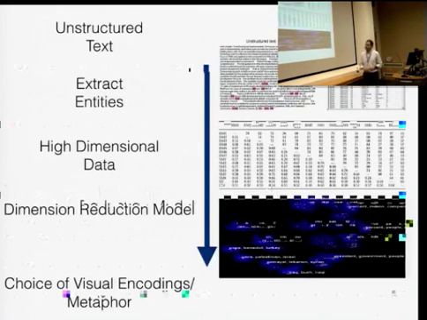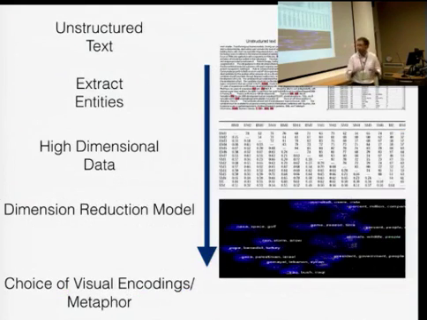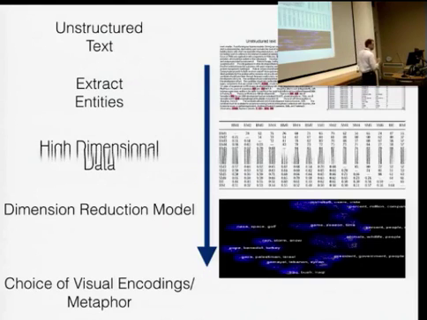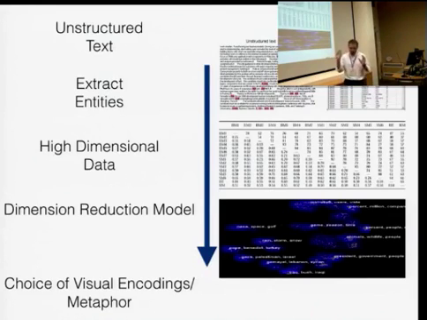Here's another way to look at that. Right? You have your unstructured text at the top, just think raw .txt files. You go through entity extraction or feature selection to pick words that you want to pull out of that document. You map all of that into what would then be considered structured or semi-structured text, where you have it in a spreadsheet form. You then have this sort of high-dimensional co-occurrence matrix about which terms appear in which documents and things like that.